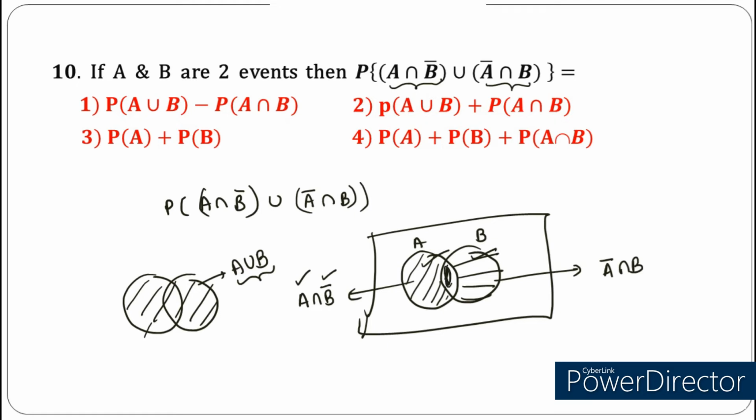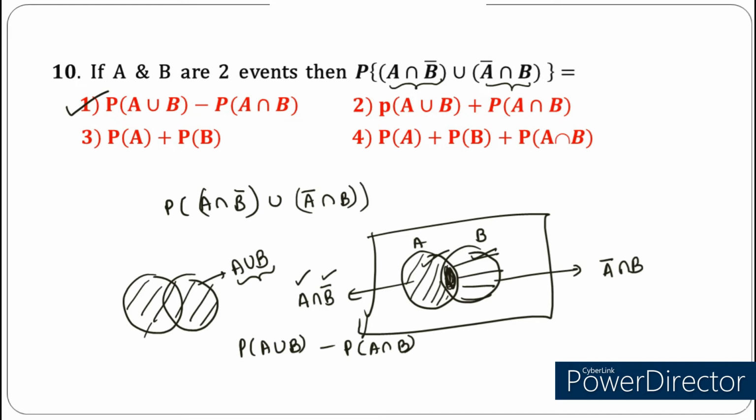If you leave the intersection part, you will get this, right? So in P of A union B, I will leave P of A intersection B. It means which option? Option 1.